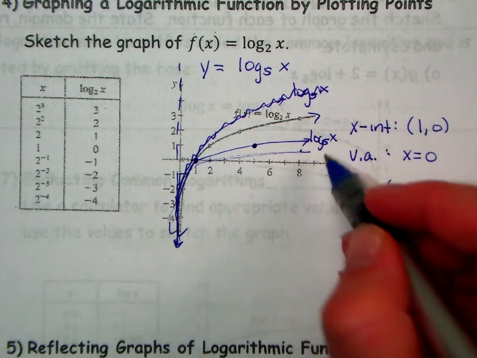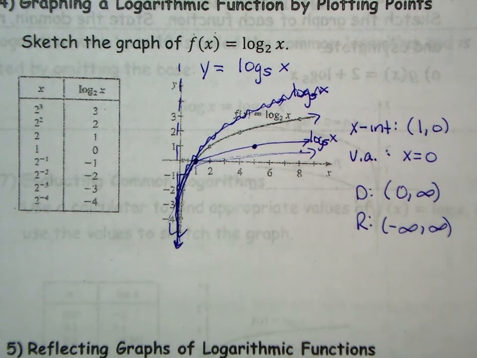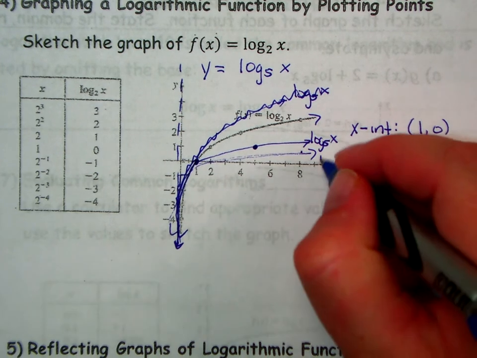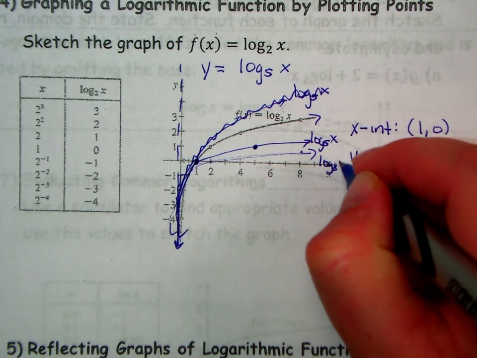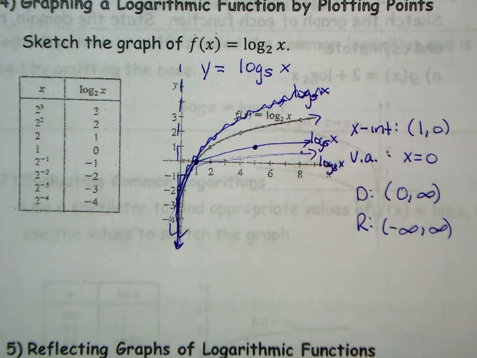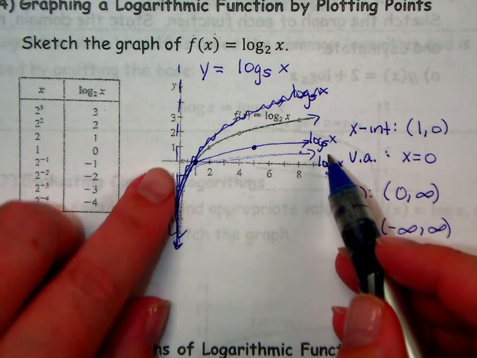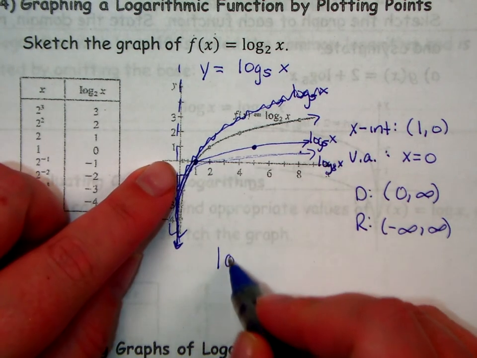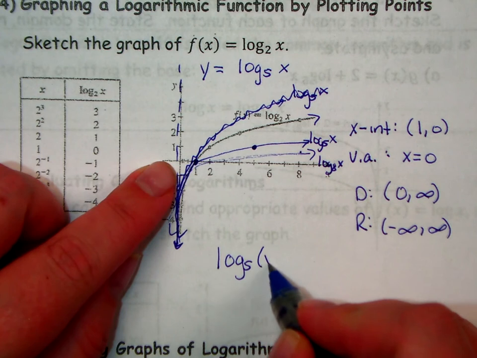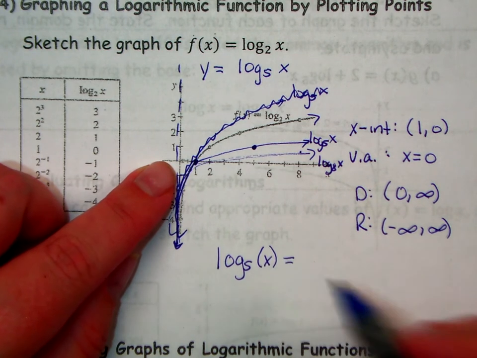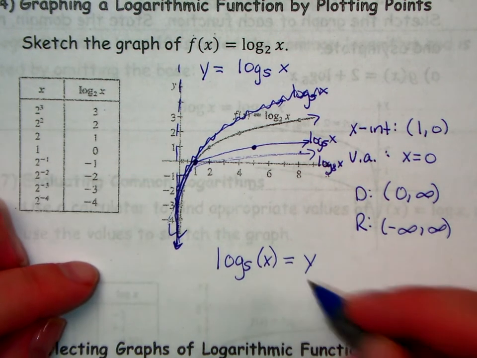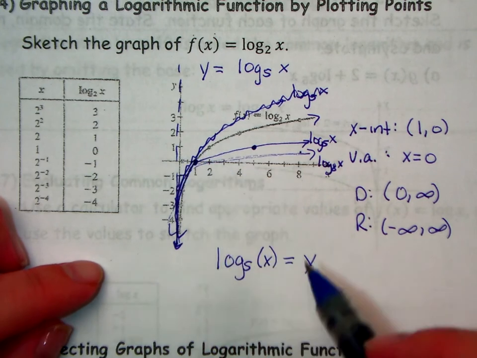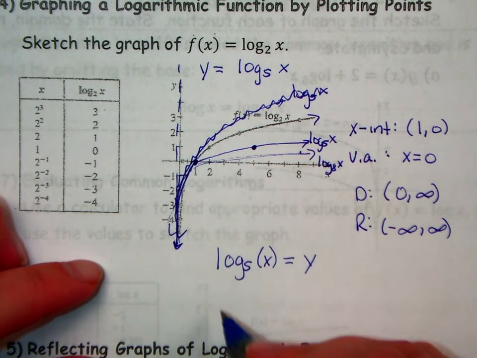But I'm not going to make you graph these exactly. Okay, log base 8 of x. Now, how did I know log base 5 is going to go through 5, 1? Log base 5 of x, okay, equals the y. Well, if I wanted to know where the y value was 1, I could put 1 in here for the y.